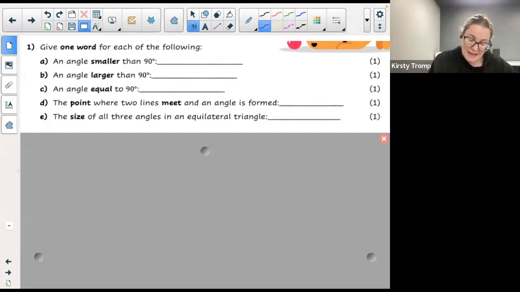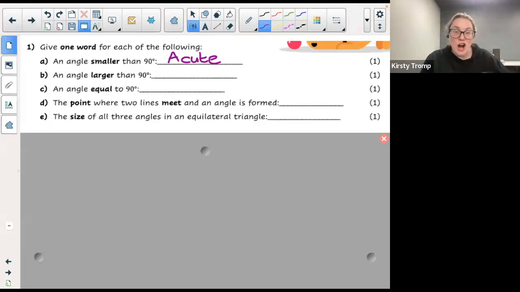Awesome. What's an angle called that's smaller than 90 degrees? Can you remember? Acute. Well done. An angle that's smaller than 90 degrees is an acute angle. Is that going to be in your quiz tonight? Yes, ma'am. So make sure everybody knows, an angle that's smaller than 90 degrees is an acute angle.